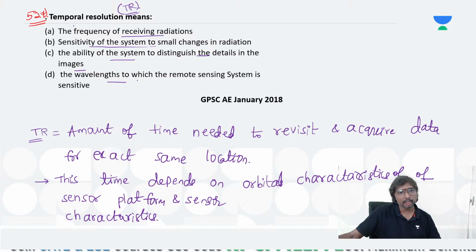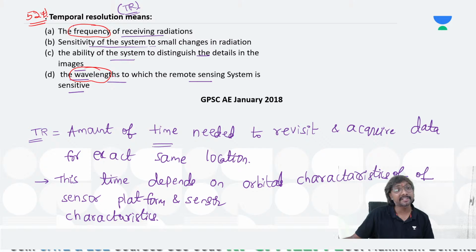The amount of time needed is related to the frequency of the receiving radiations, because 1 by frequency is nothing but time.